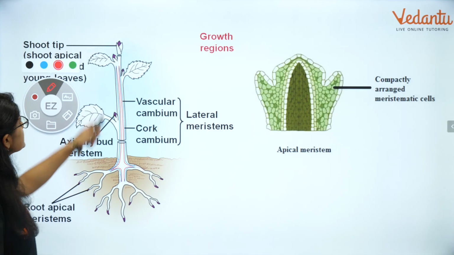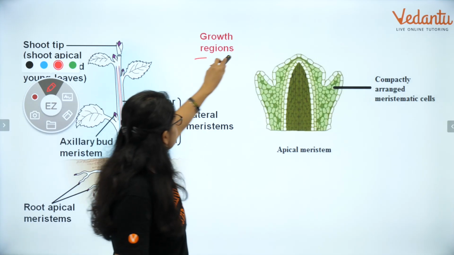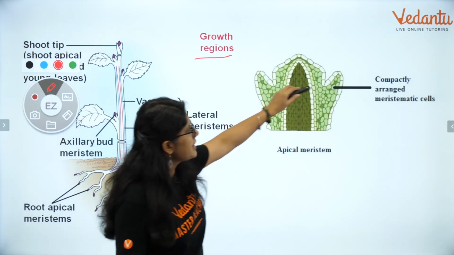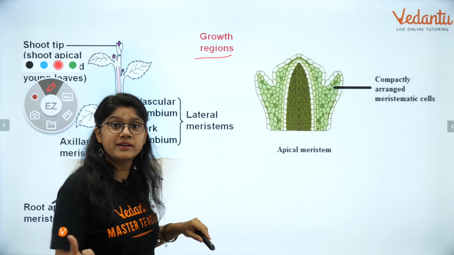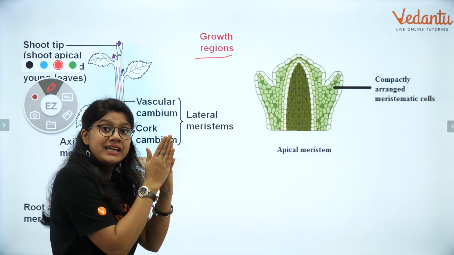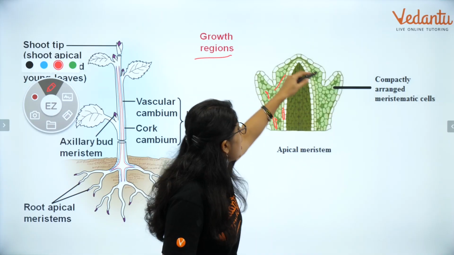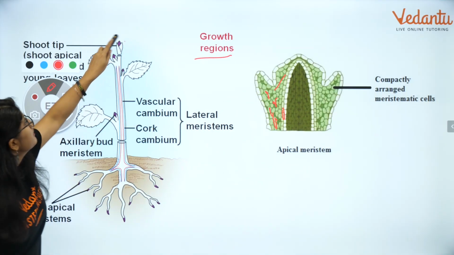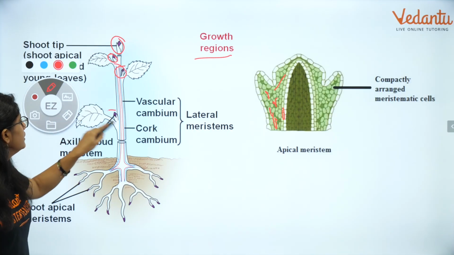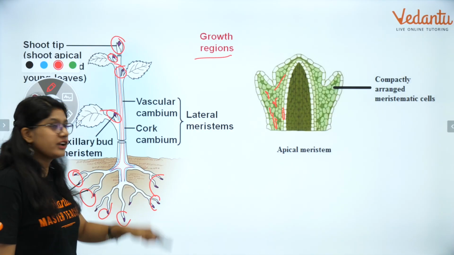Let's see over here. This is a meristematic tissue. Now as you can see, there is a growth region, and we know that the cells of the meristematic tissue are compactly packed. They are very tightly packed to each other, and they keep on dividing because they have a nature of continuous division.